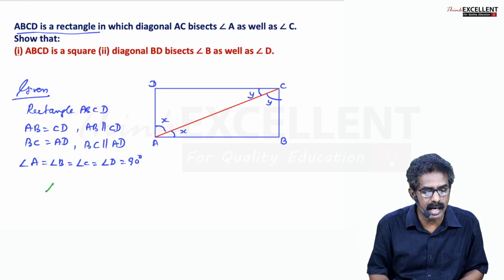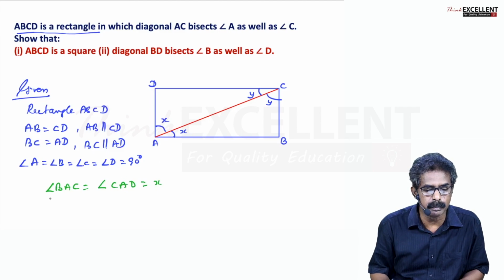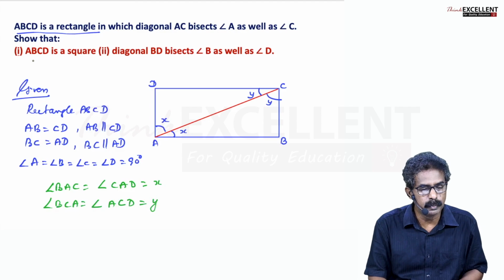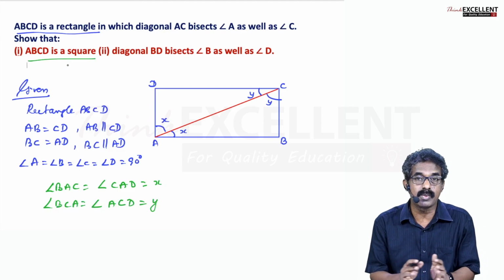Angle BAC equals angle CAD, each equal to X. And angle BCA equals angle ACD, each equal to Y.